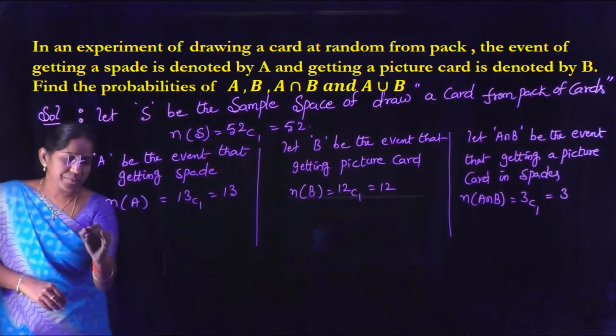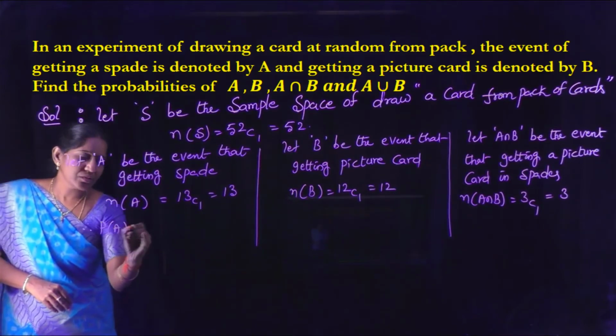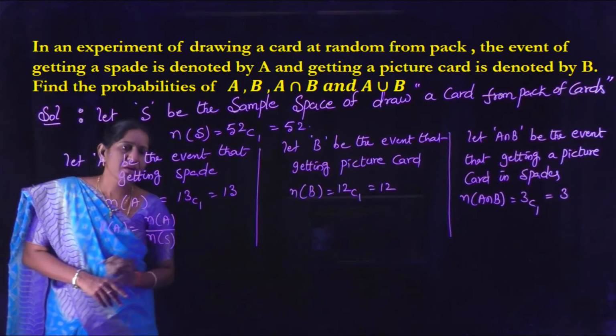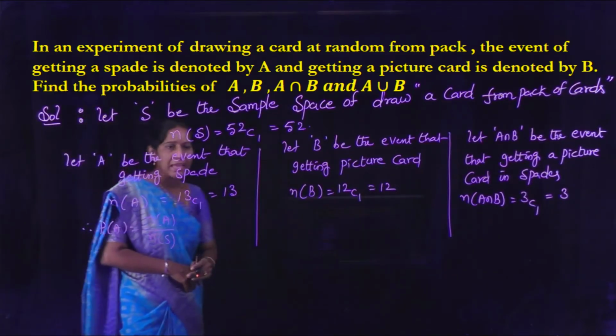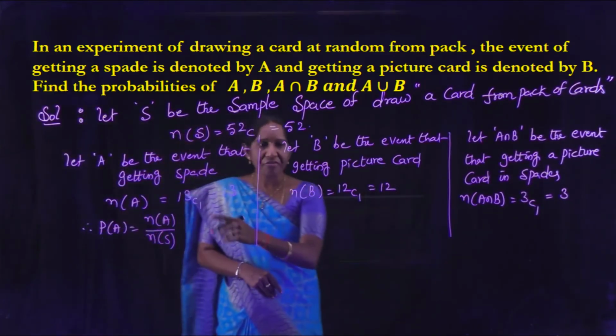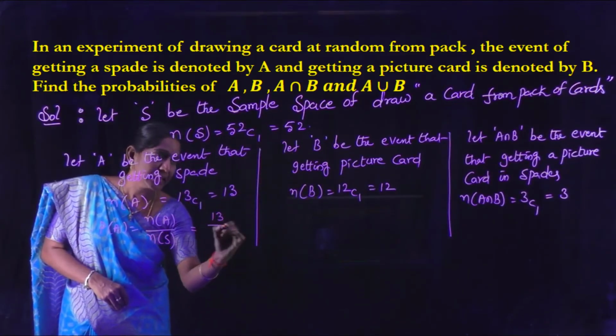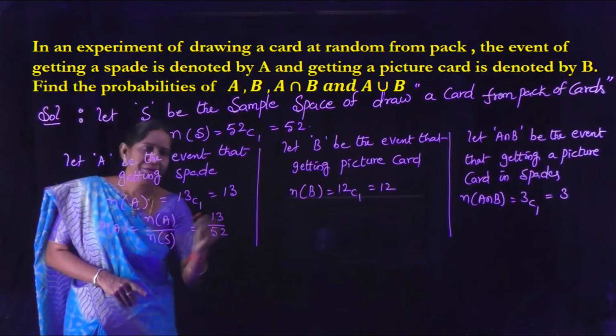P of A, the probability of event A, is equal to n of A by n of S. The value of n of A is 13 and n of S is 52.